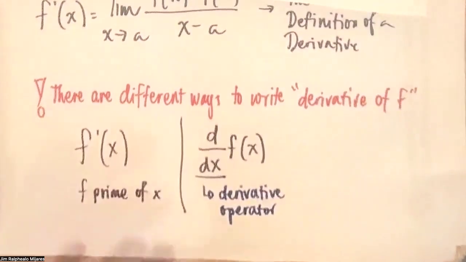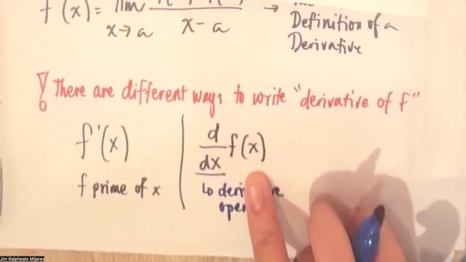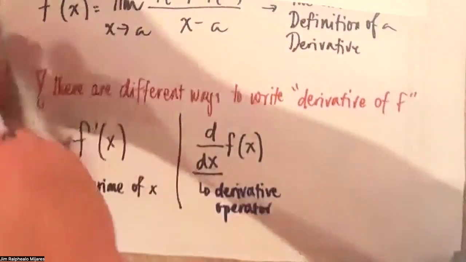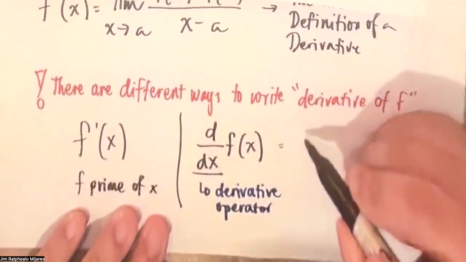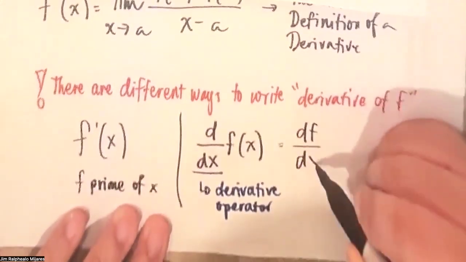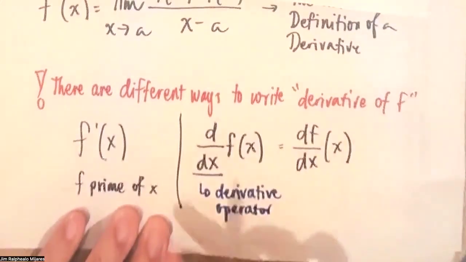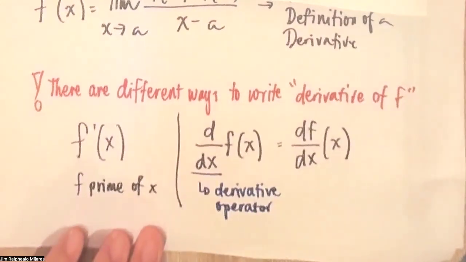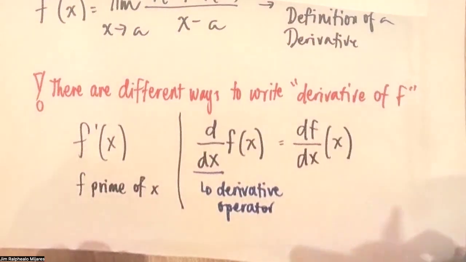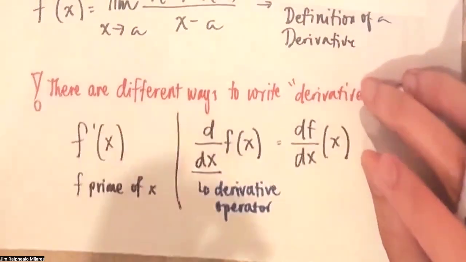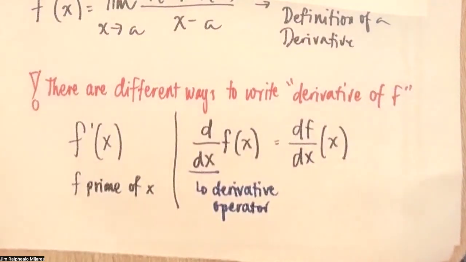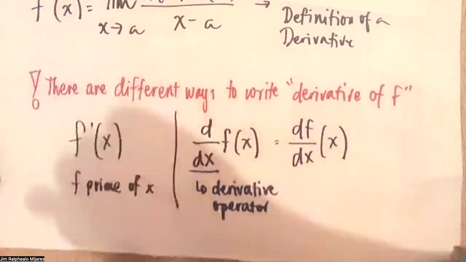When we see this notation right here, or sometimes it's even written as this, this is an indication that you need to find the derivative of f. This tells you to find the derivative of f.